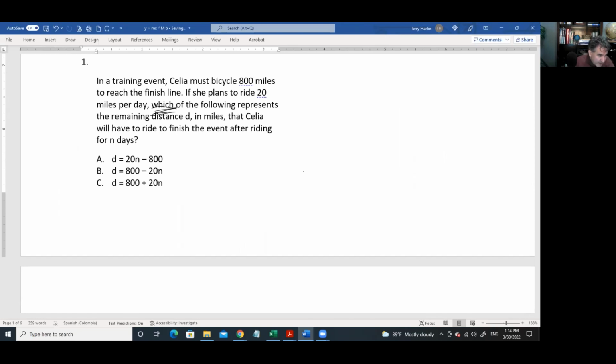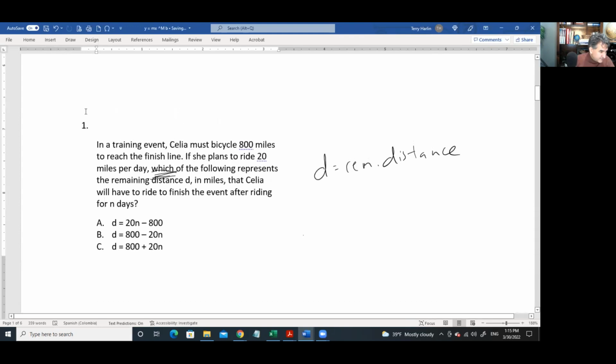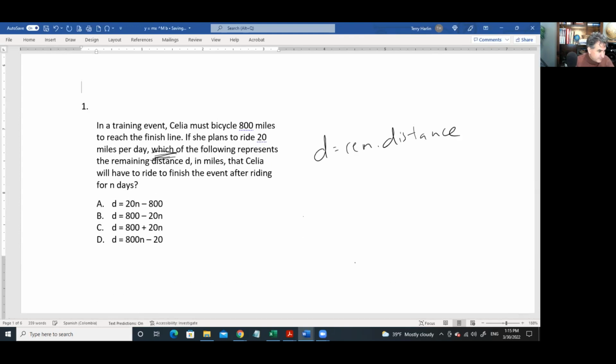Oh, so we have D. D equals remaining distance. That's what we're looking for. That's what our answer is going to be. Now it's asking what it represents. So if we look at our answer choices, I need to bring that up there.